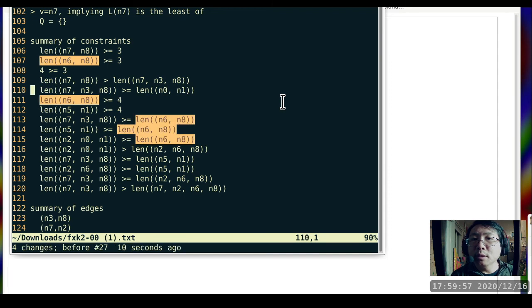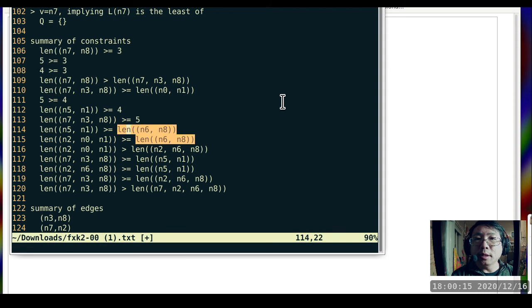So let me manually change that. I think I probably specified the wrong line number. So this is a 5. This is also a 5. And there we go, 5, 5, and 5.